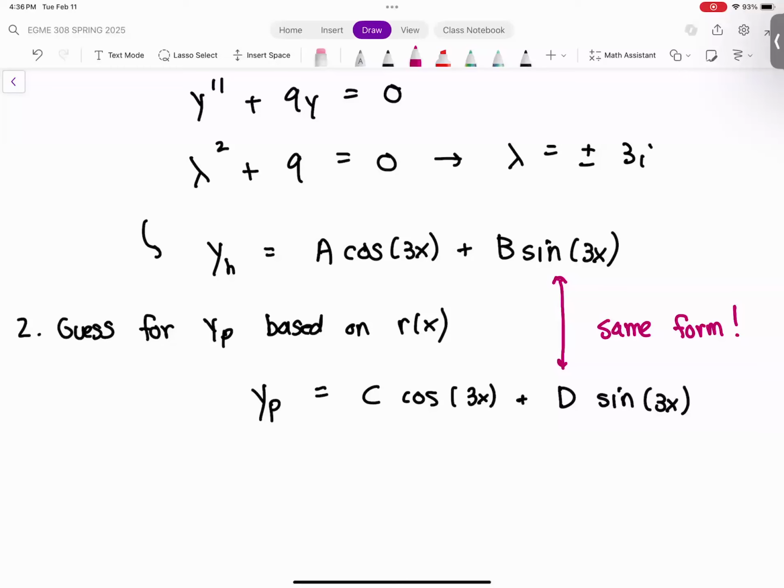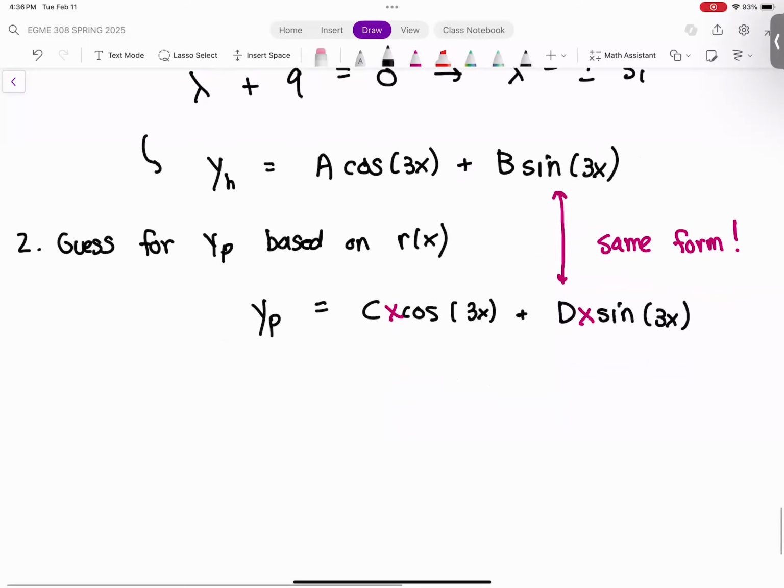And so what do we do in these situations? We multiply by x. So our guess for our particular solution will be cx cosine of 3x plus dx sine of 3x. And of course the next step here would be to take its derivatives and plug it back in.